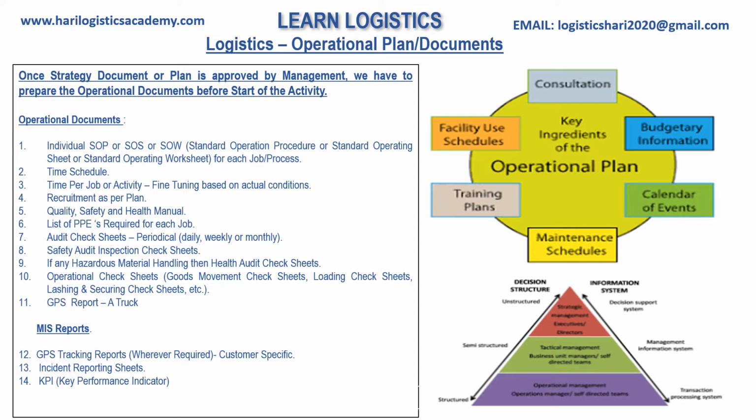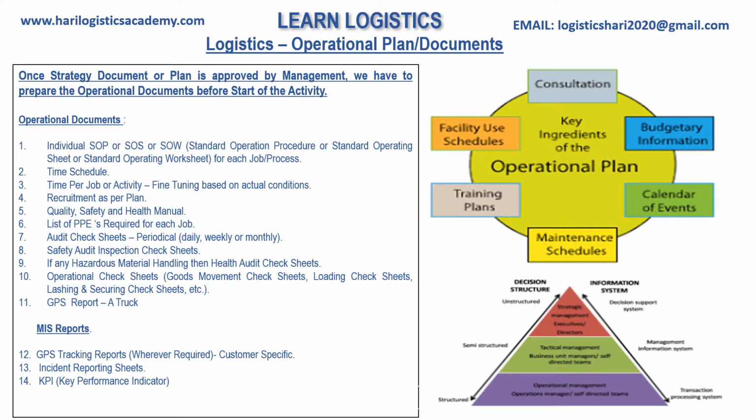Four, recruitments as per plan. Five, quality, safety and health manuals and SOPs for quality and other things. Six, list of PPEs required for each job. Seven, audit check sheets, periodical, maybe daily or weekly or monthly.